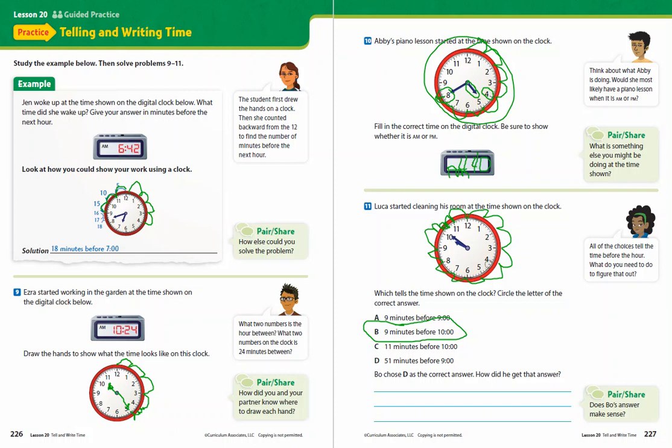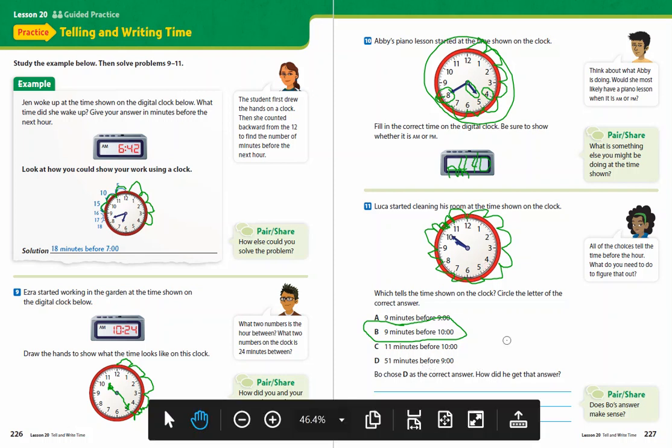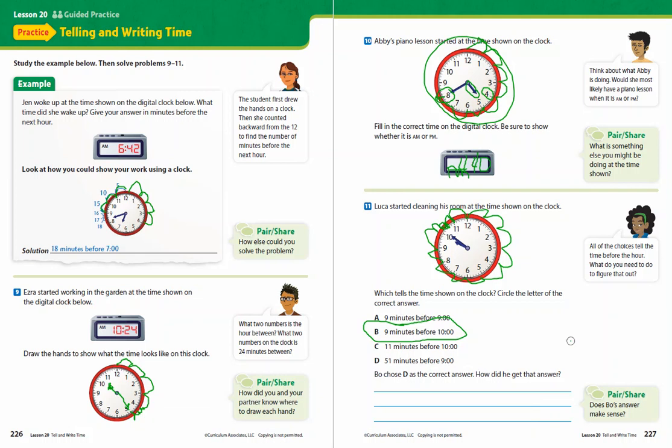So he said there was 51 minutes after 9, but he accidentally put before instead of after. So you need to watch for those mistakes and see if you're doing before 9 or if you're going after 9. All right, have a great day.